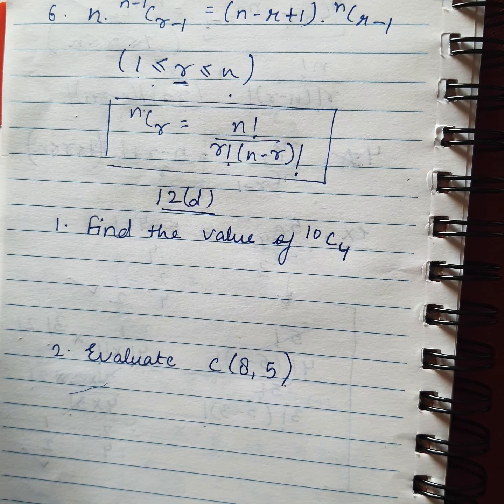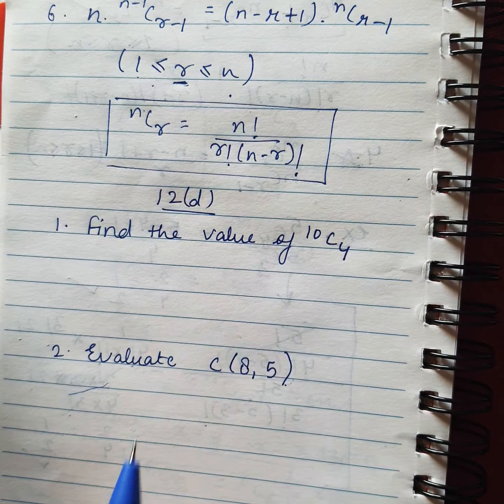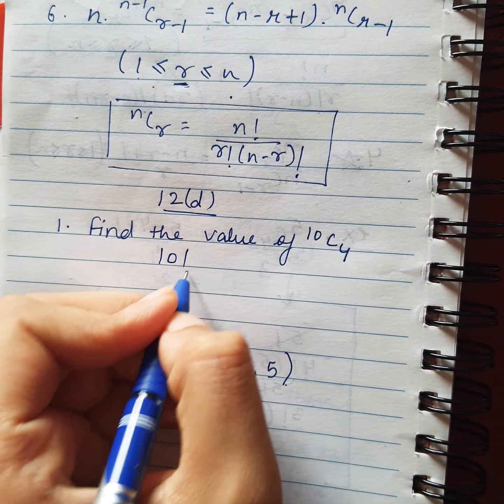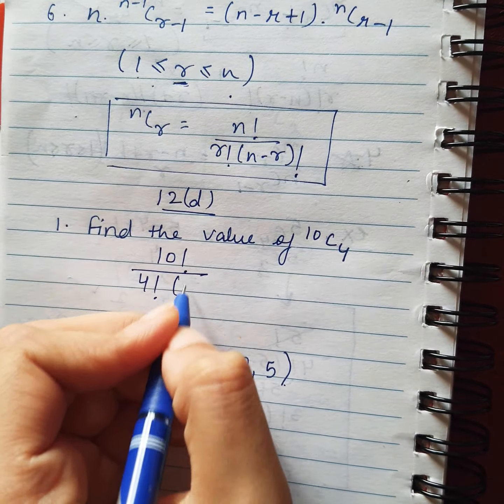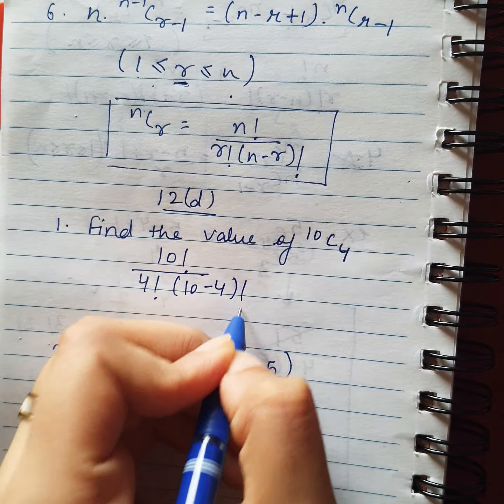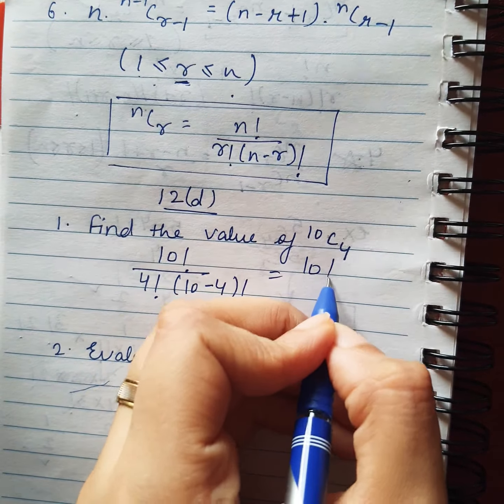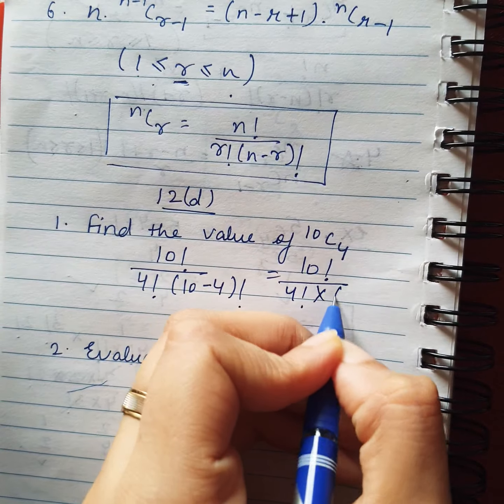So let's try some questions. Find the value of 10C4. 10 factorial upon 4 factorial into 10 minus 4 factorial, which is 10 factorial over 4 factorial and 6 factorial.